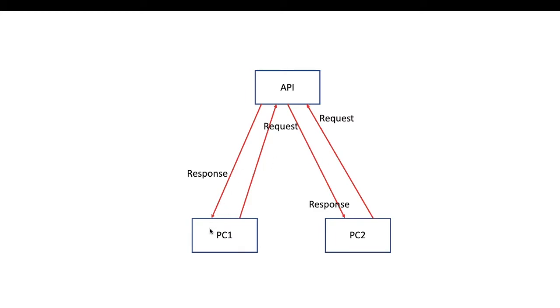At the same time, there is another PC, let's say this is PC1, this is PC2, that sends requests also sequentially, and the responses are sent back to the PC. Both PCs are sending these requests in parallel.